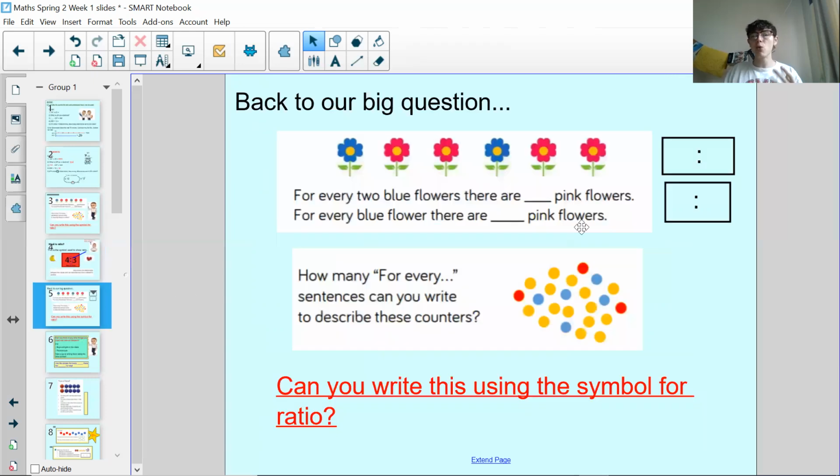Okay, so back to our big question, okay? So for every 2 blue flowers, there are how many pink flowers? So what we're going to do is we're going to attempt to put this into a ratio, okay? We're comparing the two. So for every 2 blue flowers, how many pink flowers are there? We've got 4. So for every 2 blue flowers, there are 4 pink flowers.